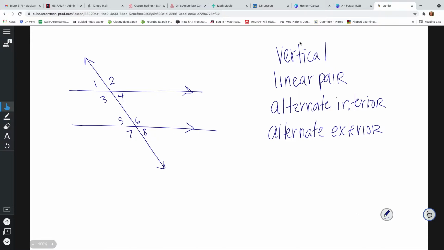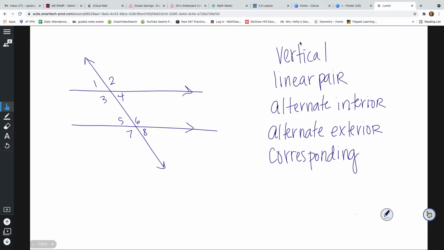All right, the next one we're going to have is corresponding. What does corresponding mean? Like not in math, but just in general, what does corresponding mean? Together, the same. So they correspond with one another.